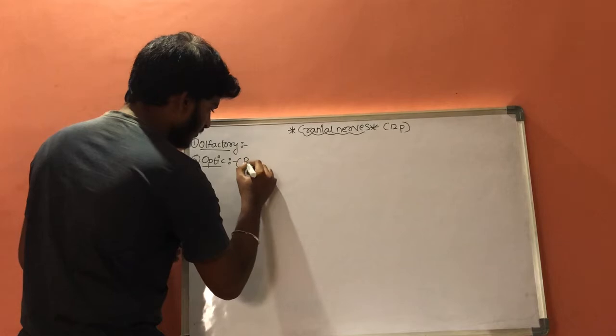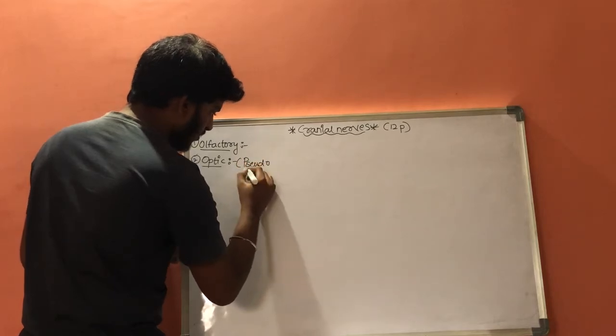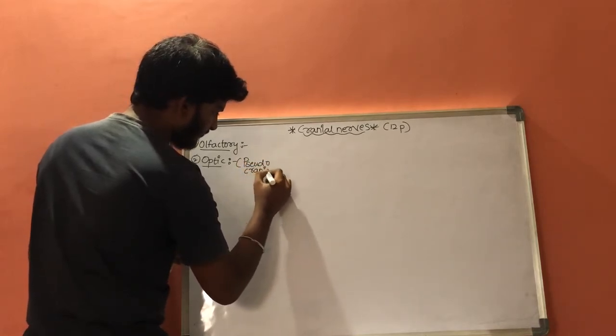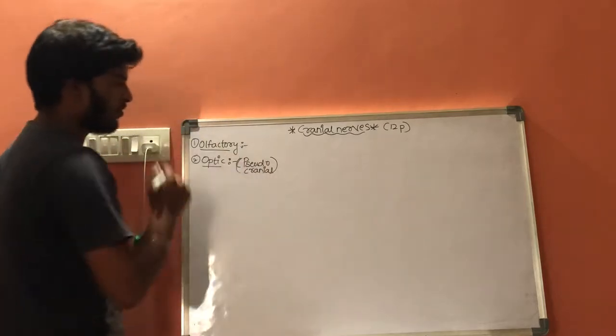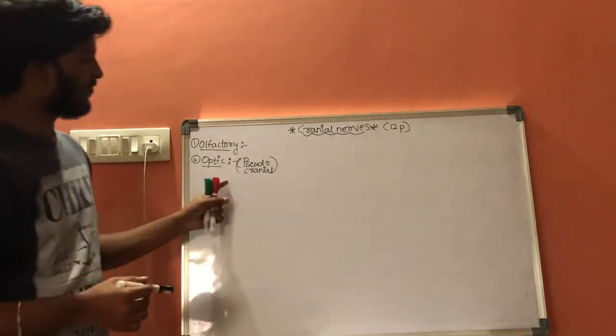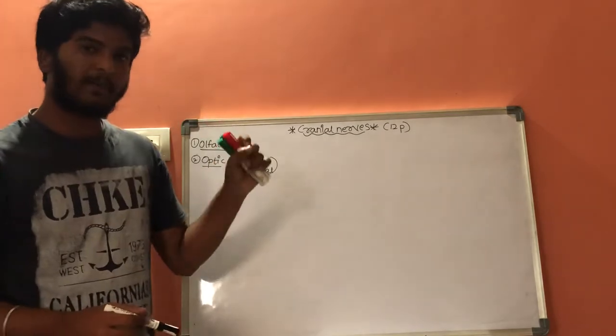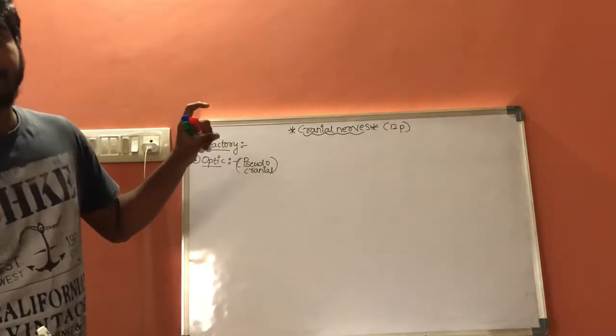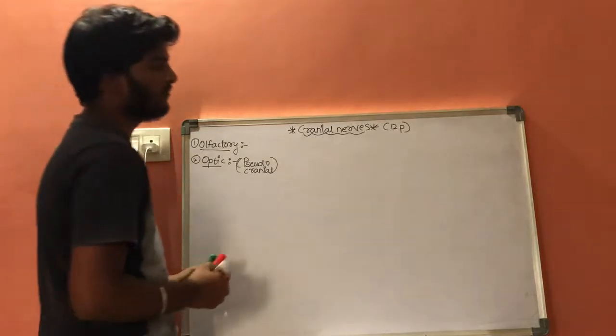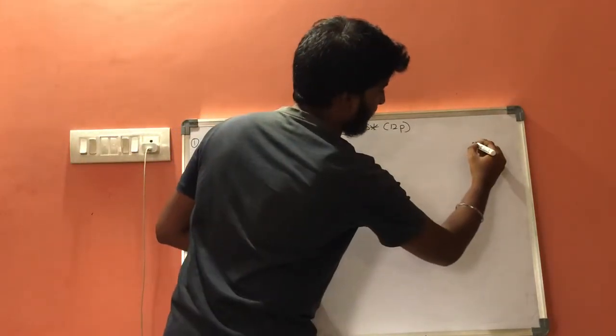It is called a pseudocranial nerve because it is formed at the posterior openings of the eyeball. Now let us consider these are the eyeballs.